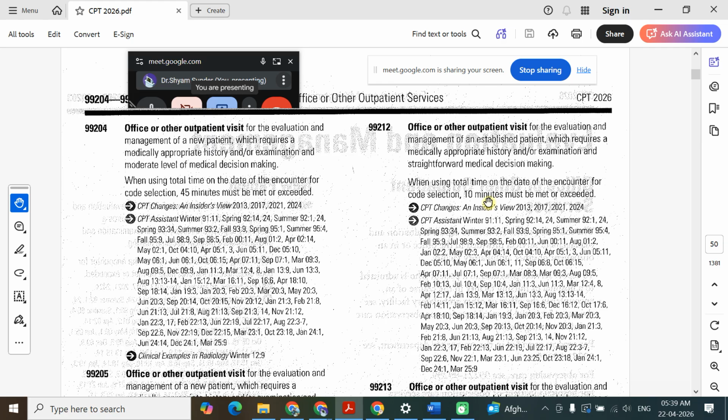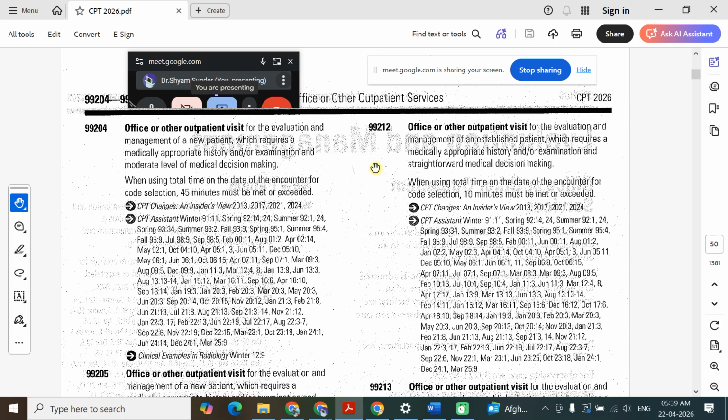Yeah, it's a good question, a valid question. See, we are assigning these codes for the purpose of submitting them to the payer to get paid. That's the purpose, right? Now, if the patient is paying out of their pocket, the payment methodology is totally different.